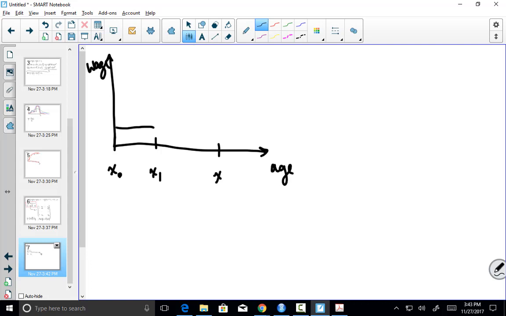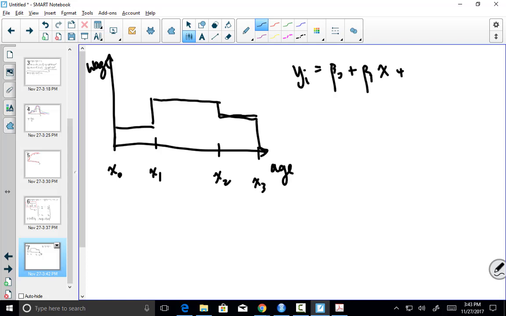Between x1 and x2, we're going to allow for another one. And then between x2 and x3, we'll have yet one more. So I want to fit a regression model. I want something like beta 0 plus beta 1 x plus dot, dot, dot, that represents a step function.